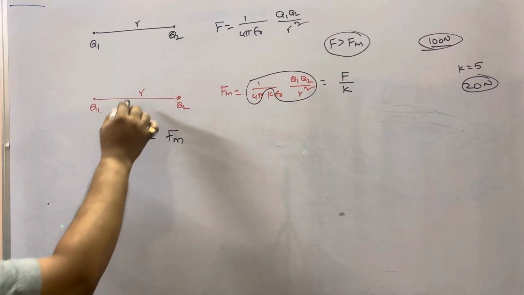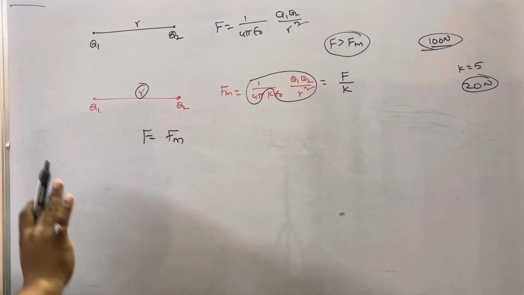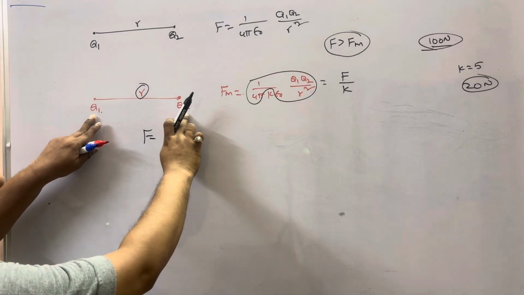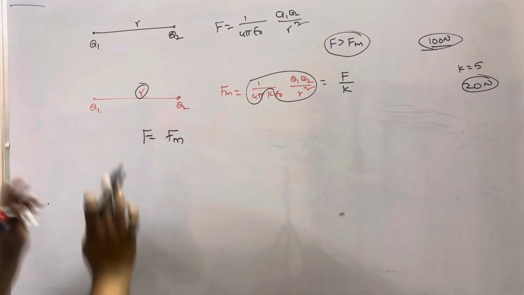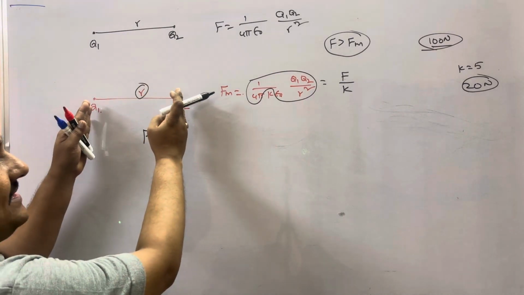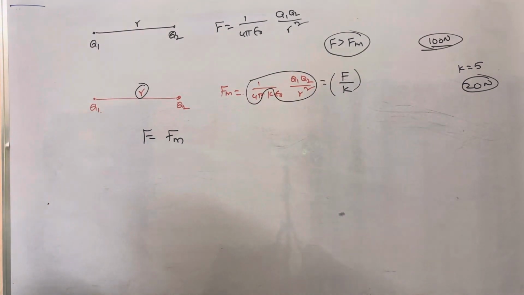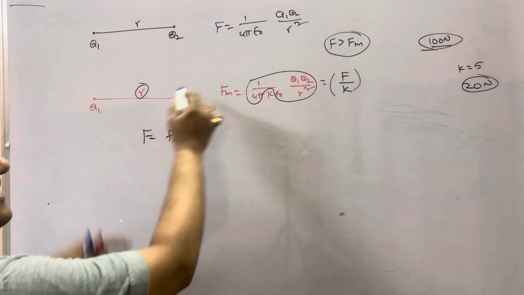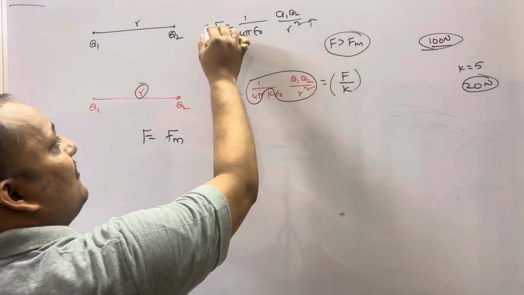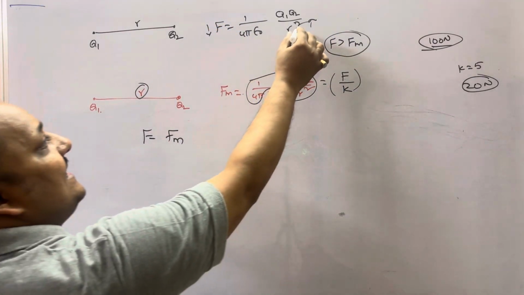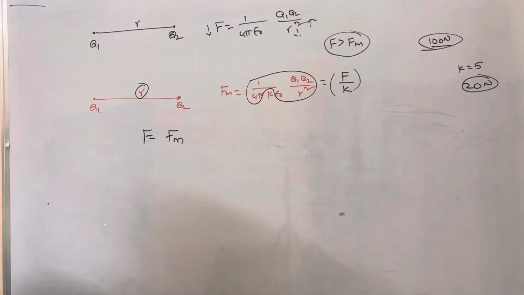At that time, the distance should not be the same. The charges we are bringing, therefore q1 q2, should be the same. If you are keeping them at the same distance, you won't get the same force because force is going to decrease. You have to change the distance. If you increase the distance, force will decrease. If you are decreasing the distance, force will increase.